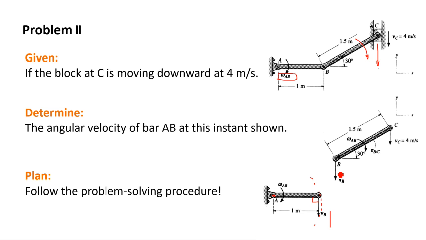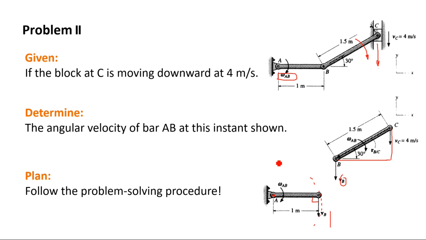Now when we get the velocity B, I'm going to take it to that equation. In this link, again, we have two velocities at both ends. So we can write the relative velocity equation: the velocity at end 1 is equal to the velocity at end 2 plus omega multiplied by the vector of the link BC, which is sketched as a triangle, and we can find its x and y components and write down the equation.